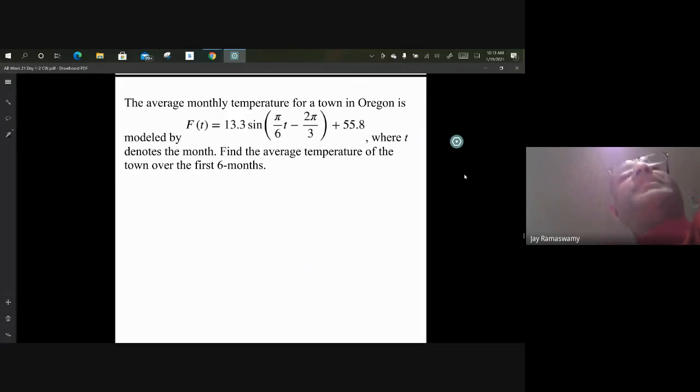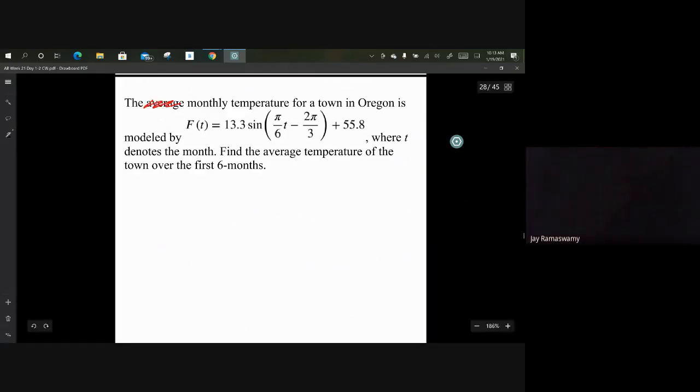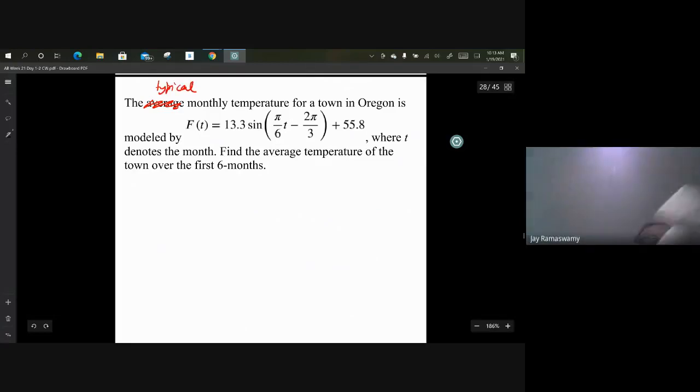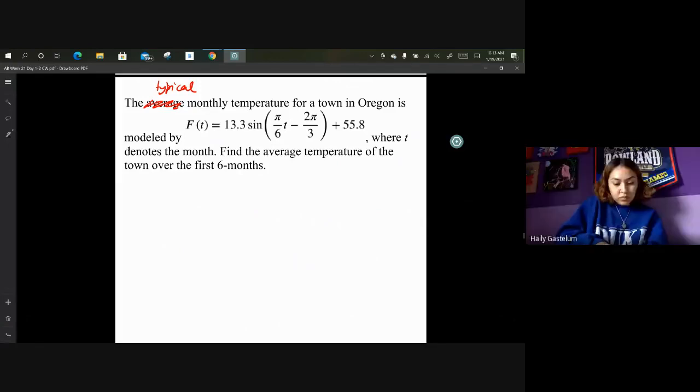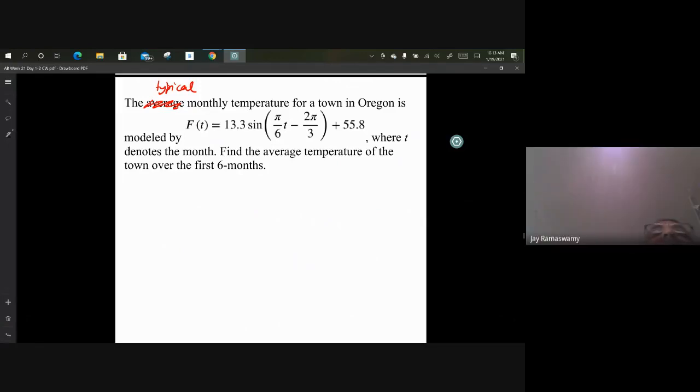Read the question with me. The typical monthly temperature for a town in Oregon is modeled by the function f of t, where t denotes the month. The question says, find the average temperature of the town over the first 6 months. It's a Desmos problem. I just want to set it up.